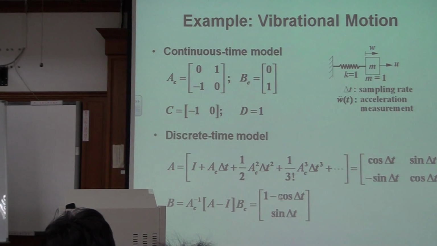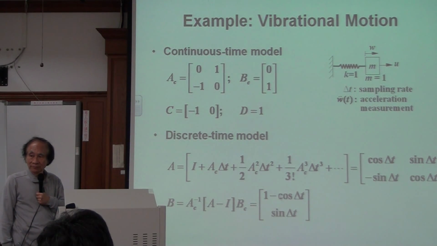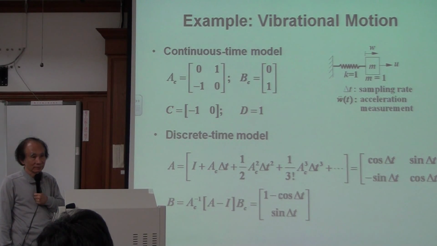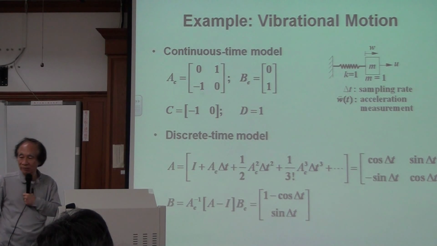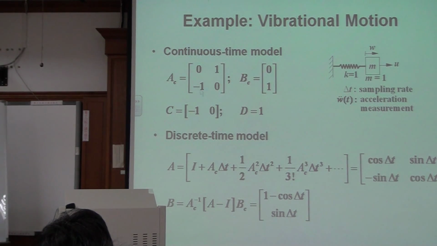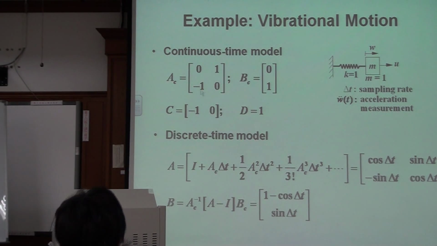This is also very important. We know that vibrational motion has no damping. So what does that mean, no damping? How much is the eigenvalue of Ac for this case? With no damping, the eigenvalue of Ac is plus or minus i, am I right?